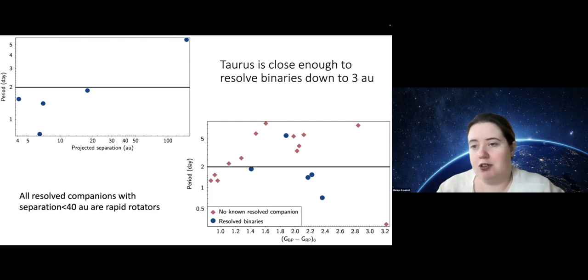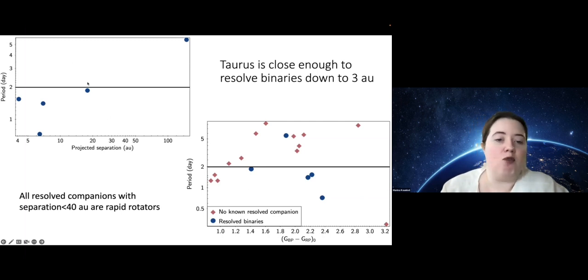We also need to have rotational periods for these stars. So in total, these are all the stars for which we have high resolution imaging and for which we also have rotational periods. In the sample, there are 5 binaries that can be resolved. 4 of these binaries are rapid rotators, and all 4 of these binaries have separations of less than 30 or less than 40 AU.